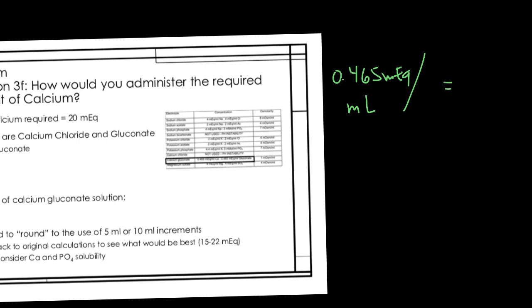That's equal to, I need 20 per x. Solve for x. That gives you 43 milliliters.